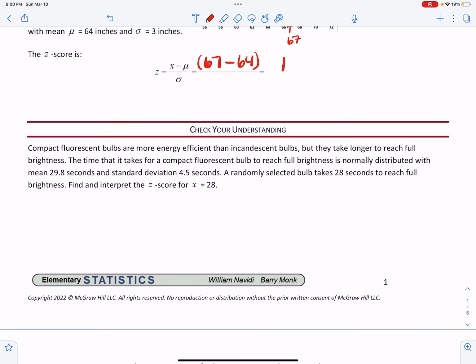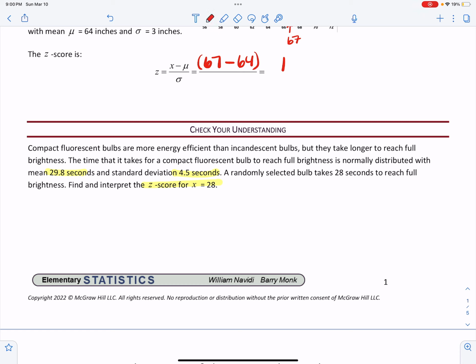So in this next example, all we want to do is find the z-score for a value of 28. The information given: the time it takes for a compact fluorescent bulb to reach full brightness is normally distributed with a mean of 29.8 seconds and a standard deviation of 4.5.